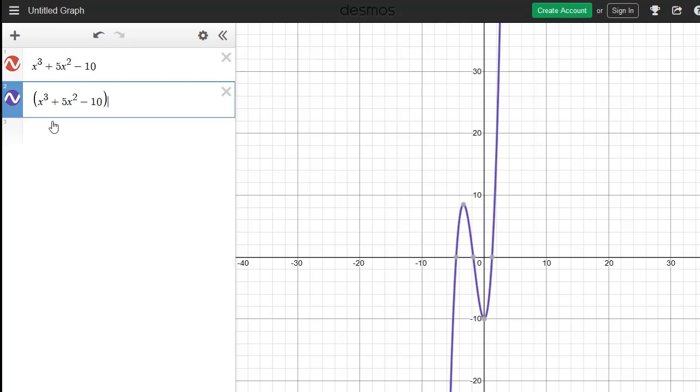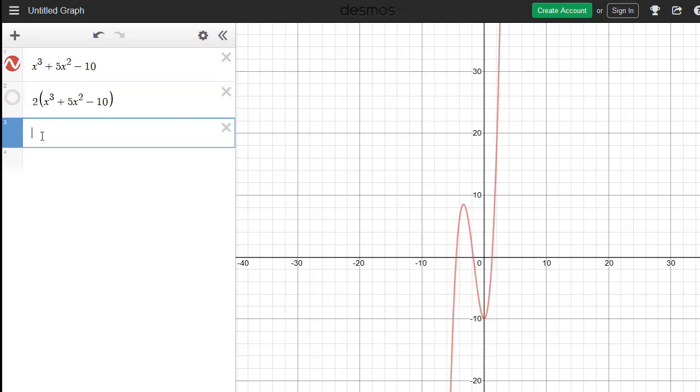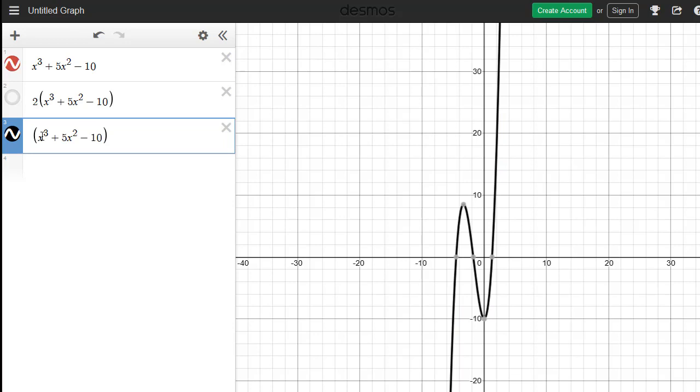Okay, take the entire function and I multiply it. So I want to stretch it by a factor of 2. I multiply it by 2. And now it has been stretched vertically by a factor of 2. Pretty cool. Now if I want to shrink it by a factor of 2, all I have to do is take the original function and then multiply it by 1 over 2.